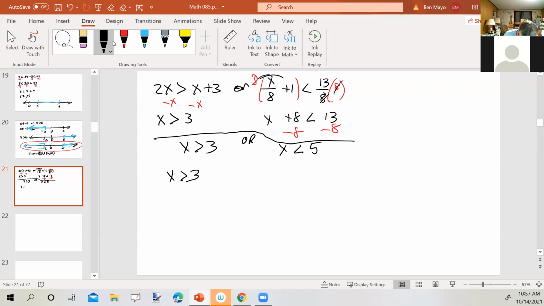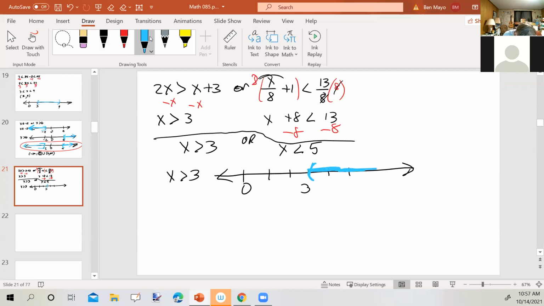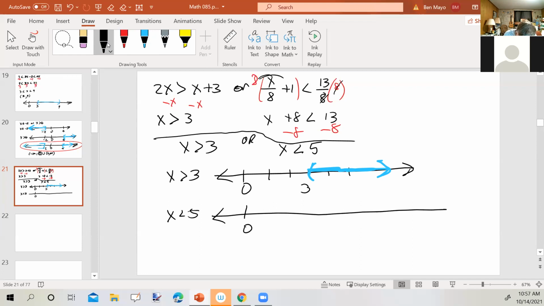So let's take a look at the graphs. X greater than 3 would look like this. And then x less than 5 would look like this.